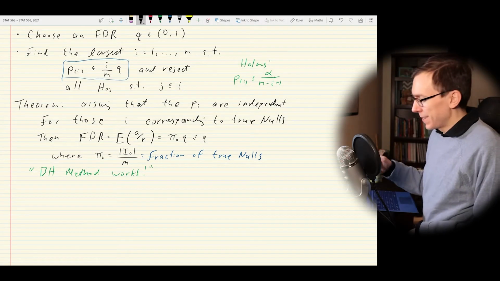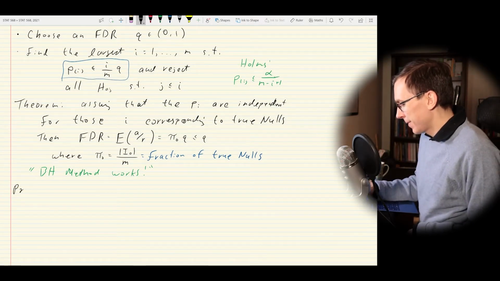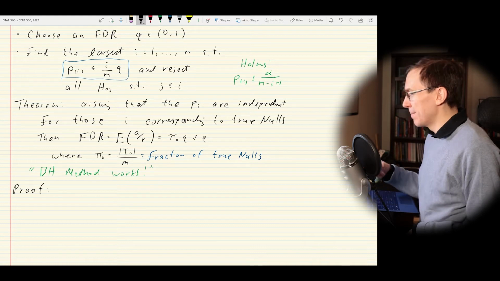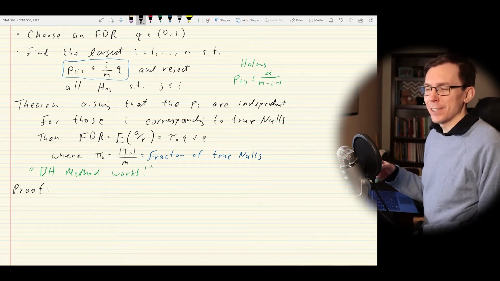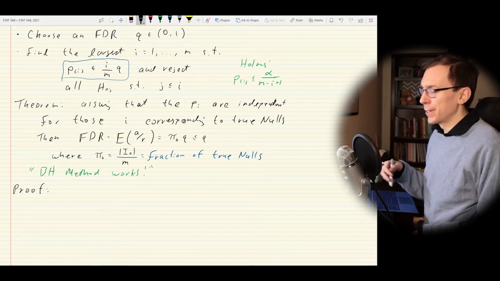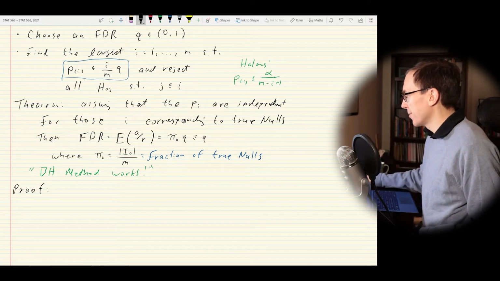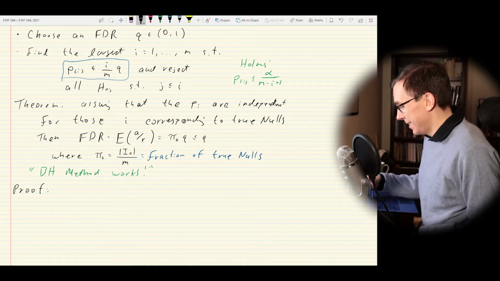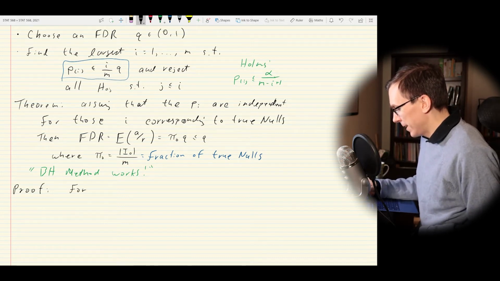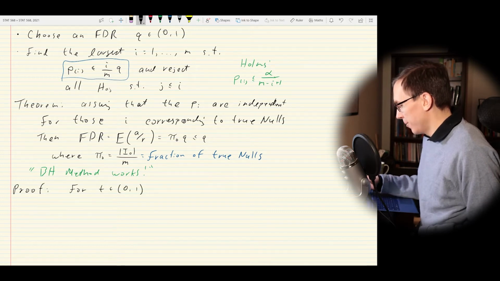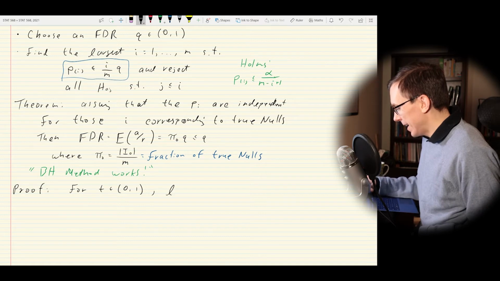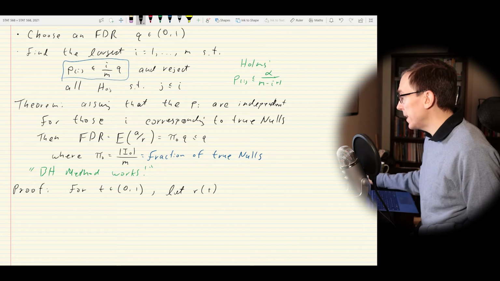All right, so let's prove this theorem. And again, I'm not going to be testing you on the finer details of the proof, but I think it is still very good for your learning to go through and try to understand it. So the first thing we need to do is say, for some t in 0 to 1, let R_t be the total number of p-values less than t.